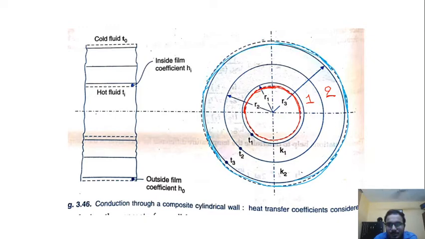Like this. So now we will be considering these two layers also. So here, if you see, this will be our cold stagnant layer or cold fluid film in this way.